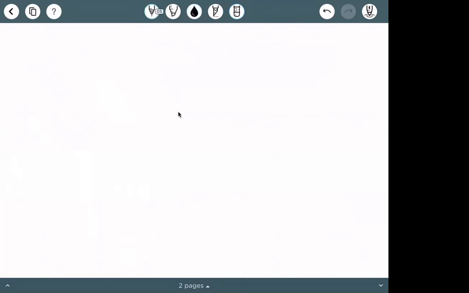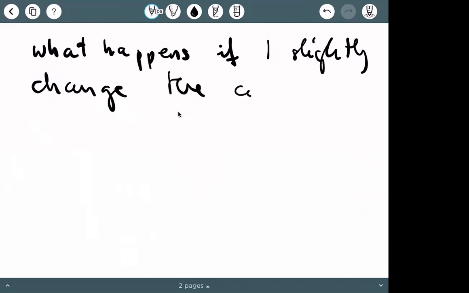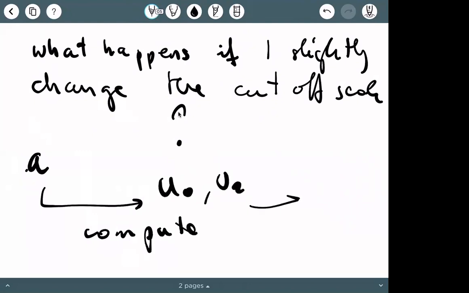I want to mention one important point. What happens if I slightly change the cutoff scale? Remember, in the renormalization procedure, we say, okay, fix the cutoff, and in our example, we fixed A, then compute, fit the parameters, and then compare to data.